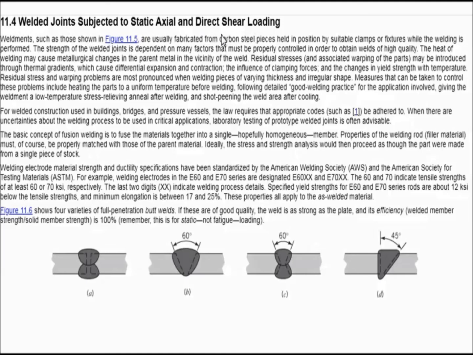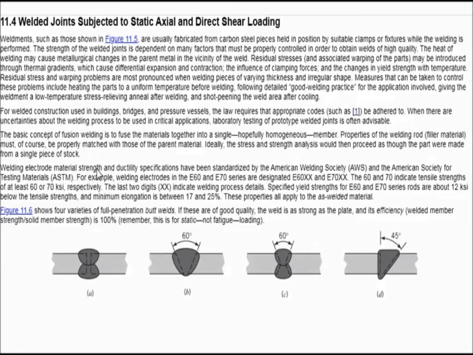What we want to do is concentrate down here on the 4th paragraph. In the 4th paragraph, welding electrode material strength and ductility specifications have been standardized by the American Welding Society, AWS, and the American Society for Testing Materials, ASTM.